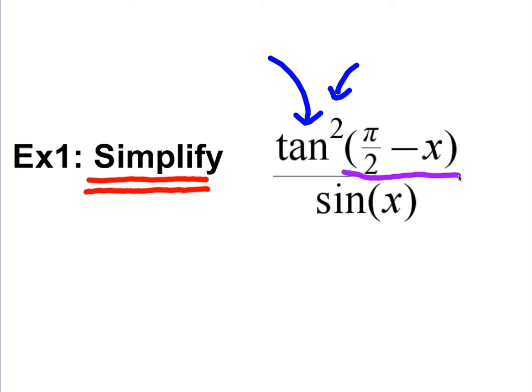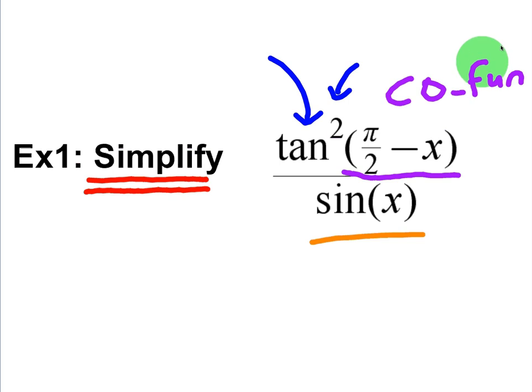Right off the bat, remember pi over 2 is just 90 degrees, so we're doing 90 minus x. This tells you that it is a cofunction identity. We'll just call it cofun, over sine of x, so we just have a simple sine of x on the bottom. Now remember, the reason it's called cofunction is because they're in pairs, and the easiest way to remember it is in pairs.